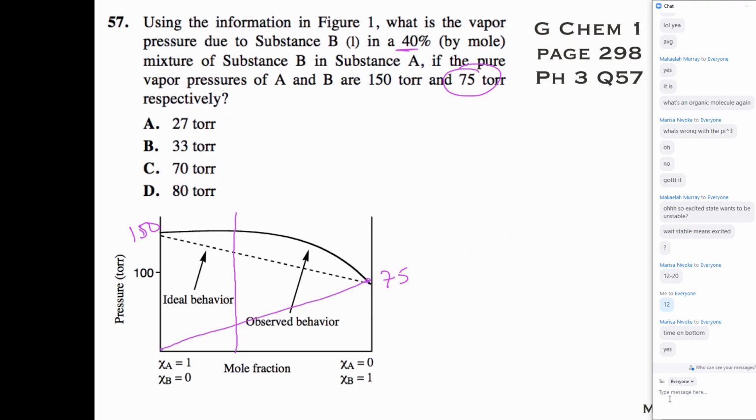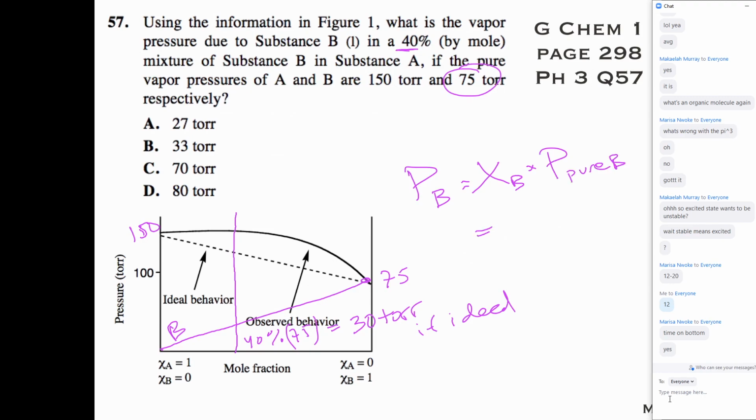And if I was looking at just B, it would be 40% of 75, which equals 30 torr, if ideal. So basically the partial pressure due to B is equal to the mole fraction of B times vapor pressure of pure B, which equals 0.4 times 75. That's where that number comes from.